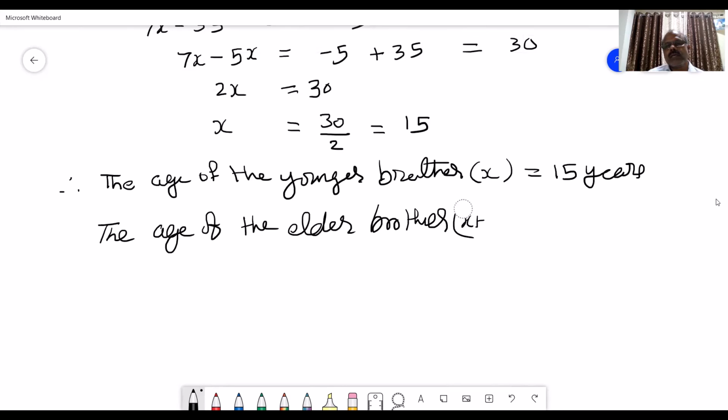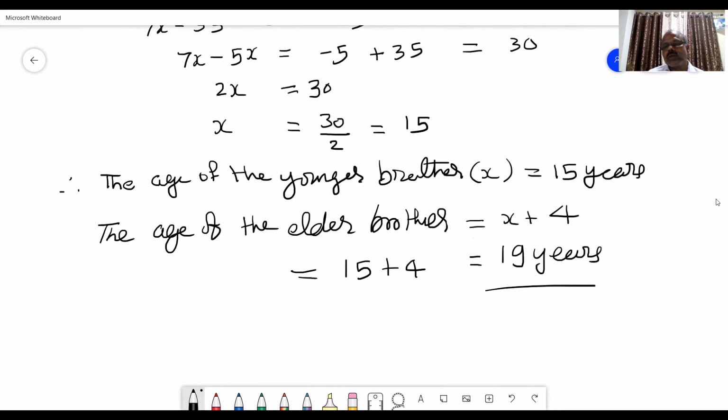We can write it as X plus 4, that is equal to, X representing 15, 15 plus 4, which is equal to 19 years. So the age of the younger brother is 15 years and the age of the elder brother is 19 years.